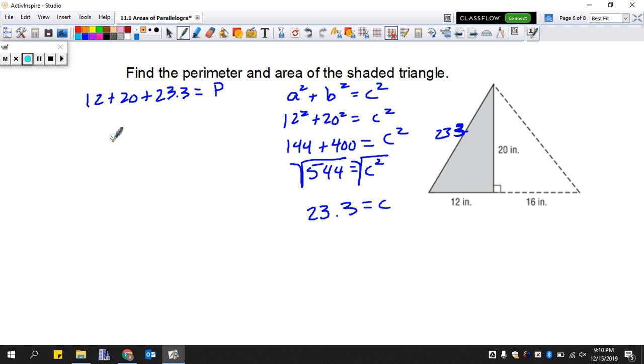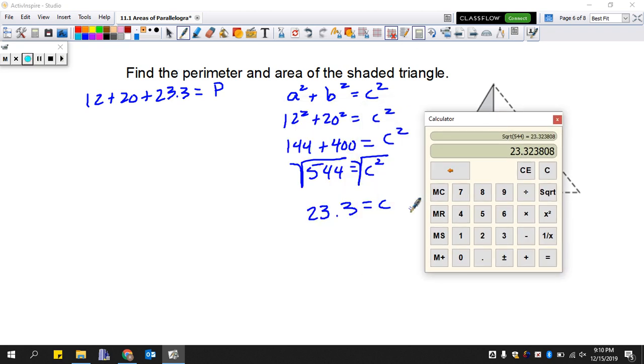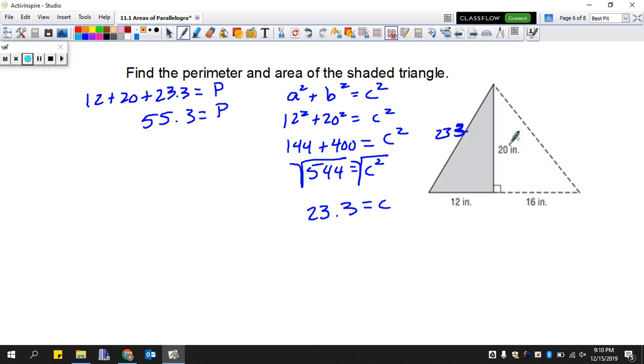We can just use a calculator rather than doing it in our head. 12 plus 20 plus 23.3 is 55.3. So the perimeter of the shaded part of this triangle is 55.3 inches.